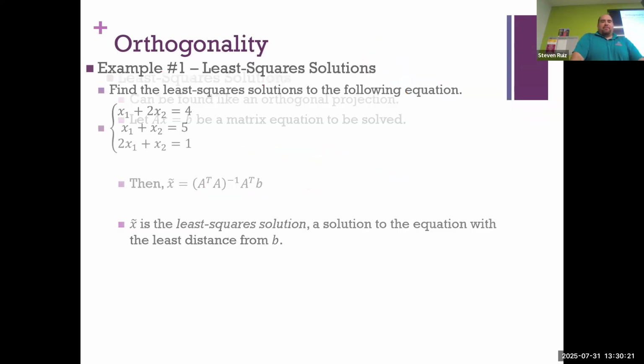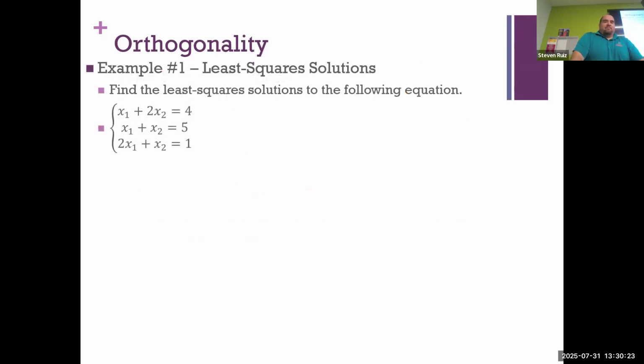So now that we've talked about that, can we find the best solution to this system of equations? We know the thing we find is not going to be 4, 5, 1. Or sorry, we're not looking for 4, 5, 1 at all. We're looking for what x1 and x2 are.